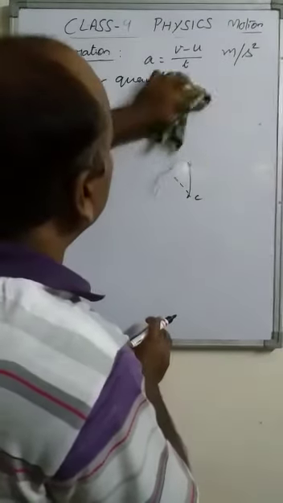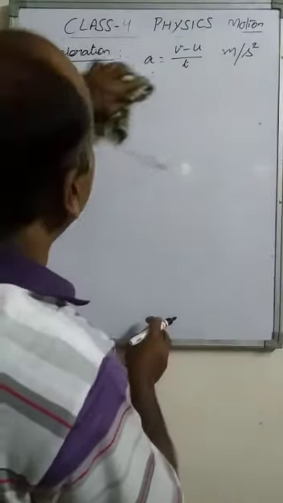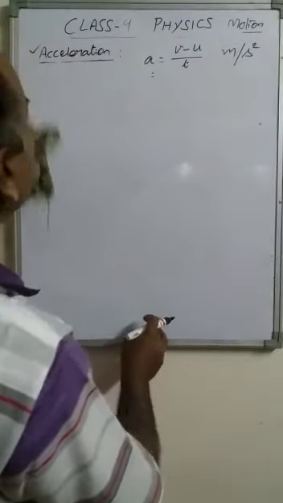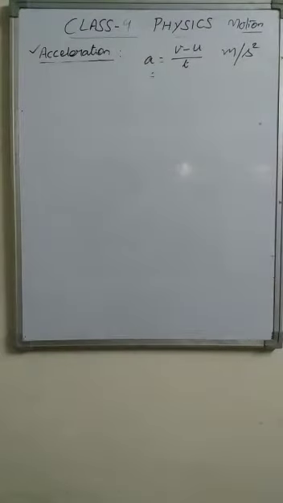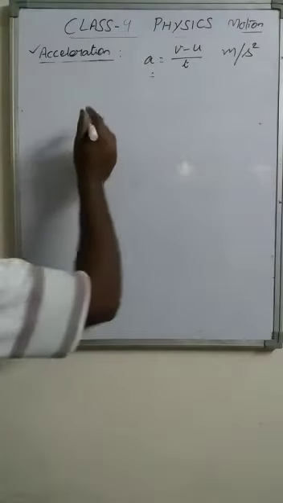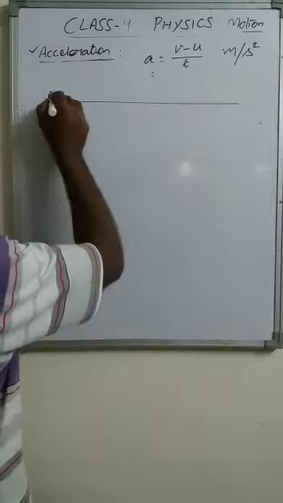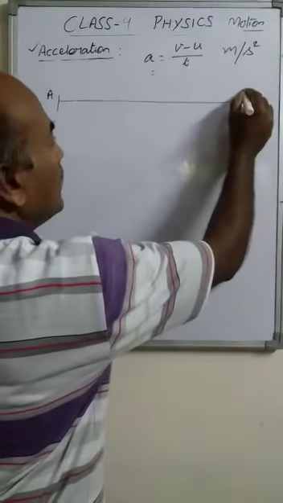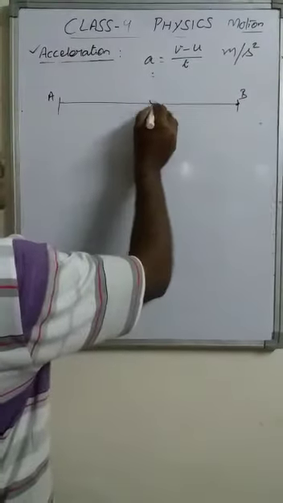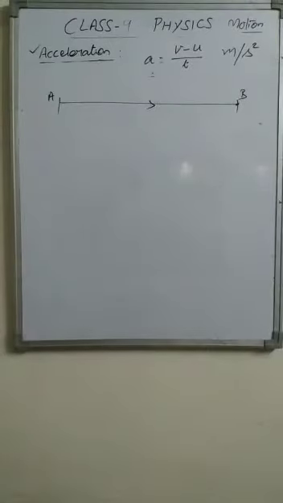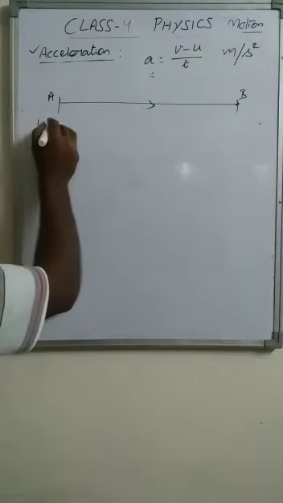Okay, now we'll see the acceleration having some value. Here we can have two situations. Suppose a vehicle is going to move along this path, along a straight line. In the beginning the vehicle is at rest, so initial velocity is 0.